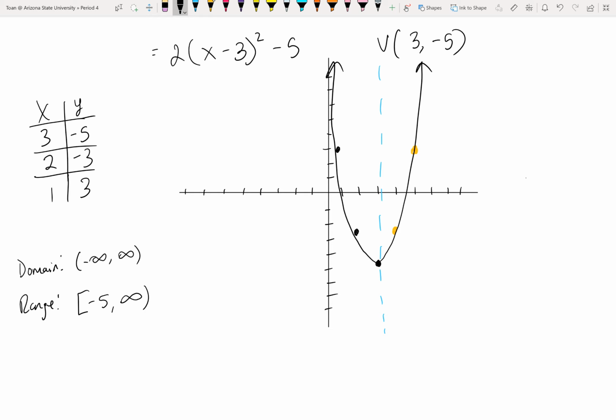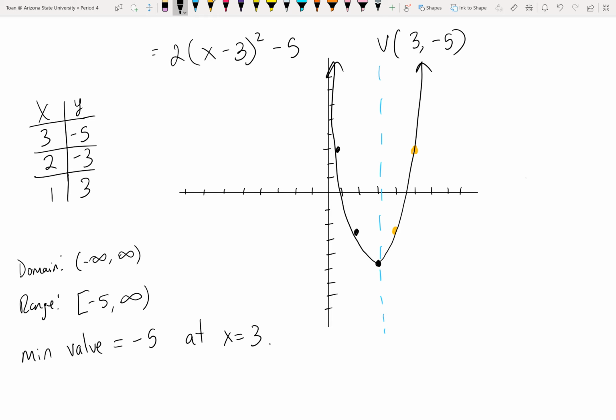Does this graph have a max or a min? It has a minimum. Yes, that was not a yes or no question. Clearly we can see it has a minimum. It's right here. So remember, it has a minimum value. If I use the word value, I want the y value of -5. If I'm asking what the location is, that's the x value.